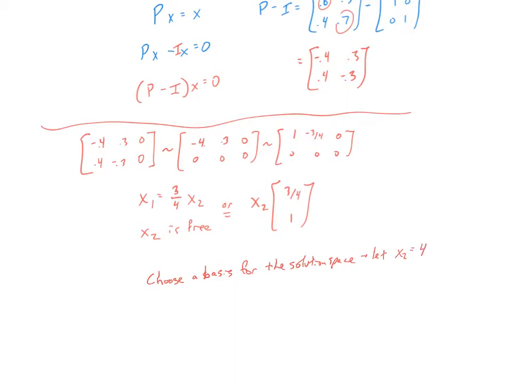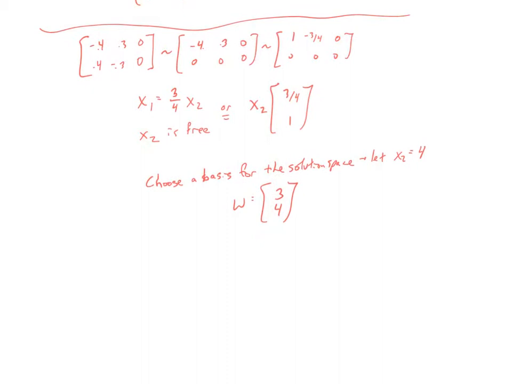Take a second, see if you can figure out why I used 4. Well, if I let x2 equal 4, then I'm going to say w, just label it with a w, is equal to 3, 4 as my vector. So that is one solution to this homogeneous system, as is 3/4 and 1, and that would have been fine. So that's the basis for my solution space. And then I want to convert that w, that solution vector, into a probability vector.